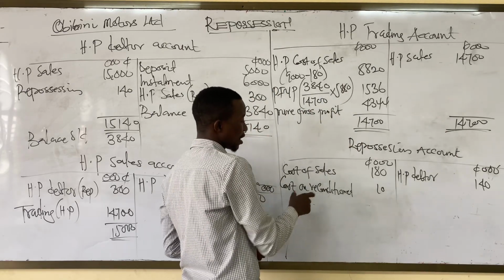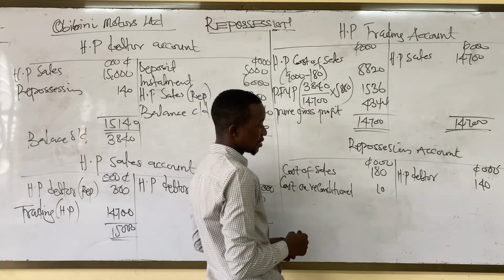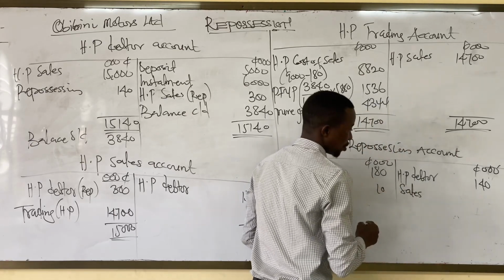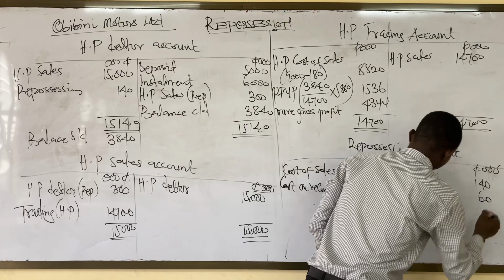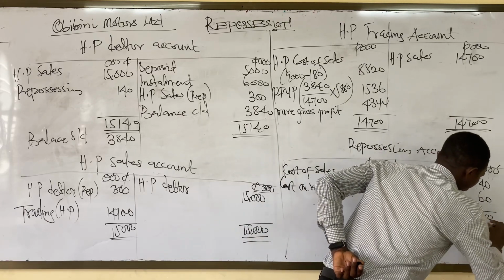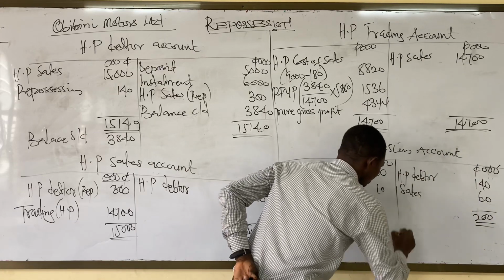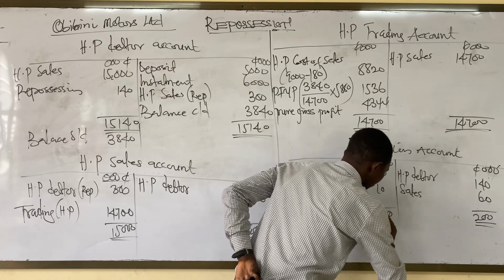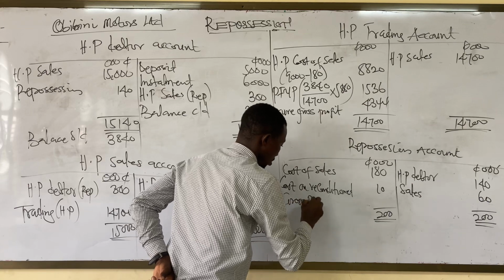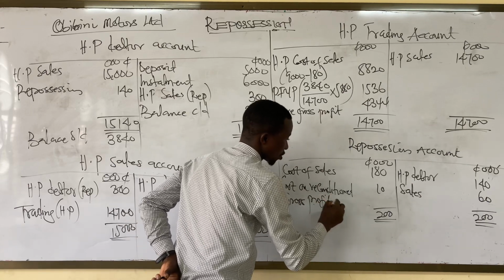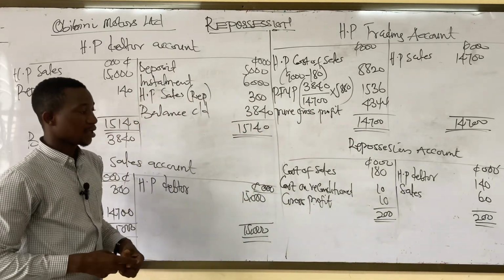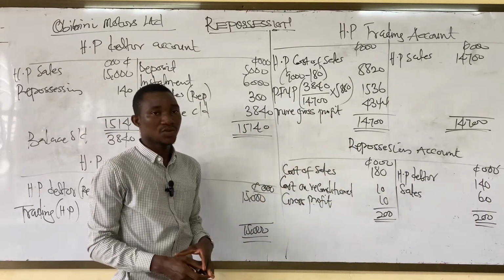And this reconditioned item is sold for an amount of 60 cedis. So the sales on the recondition is 60. So to determine the total, we have 200. So the gross profit becomes 10 cedis. That is the gross profit on the repossessed goods.